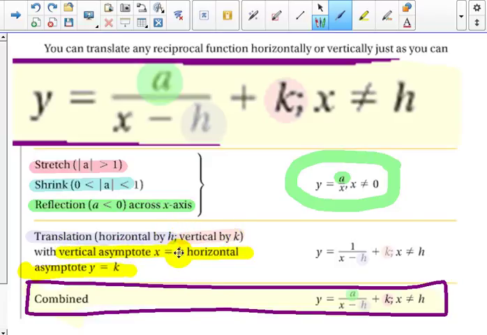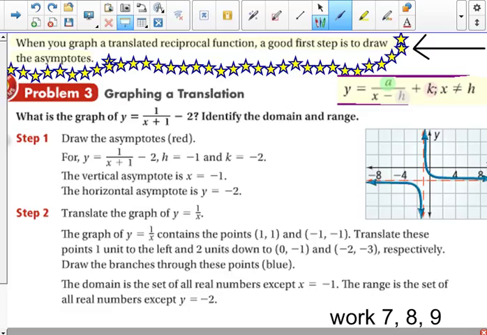So your vertical asymptote becomes x equals h. That becomes your vertical, x equals h. And your horizontal is your y equals k. Okay, so let's look. So draw your asymptotes. What is the graph of y equals 1 over x plus 1 minus 2?